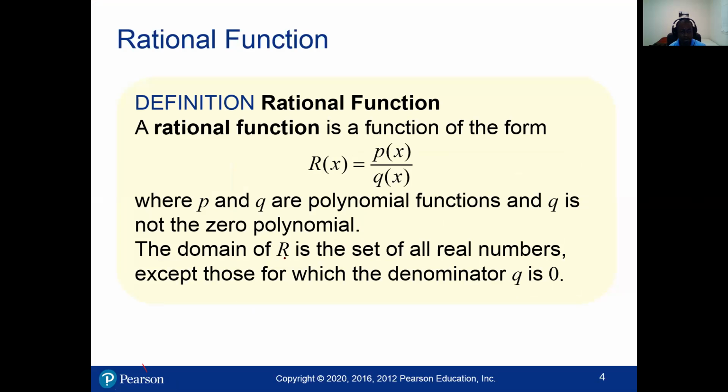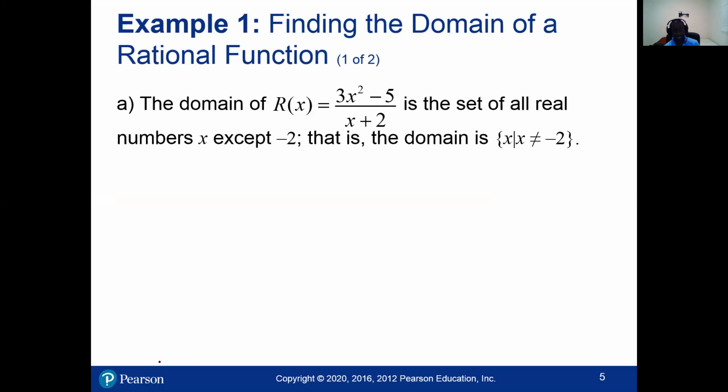And then the domain of a rational function is all real numbers except where the denominator q is not equal to what? It's not equal to 0. Okay. So now let's take some examples. What's the domain of this rational function, 3x squared minus 5 over x plus 2?